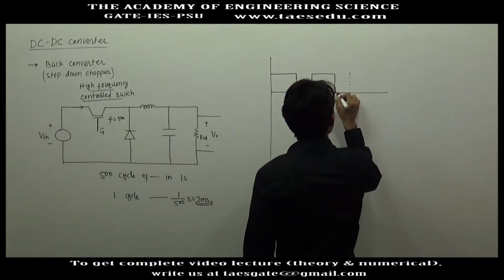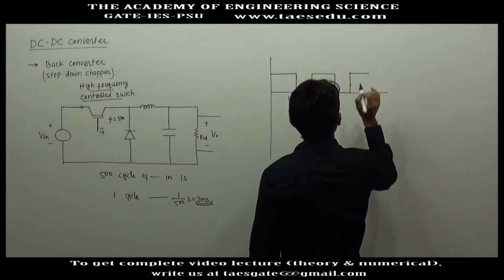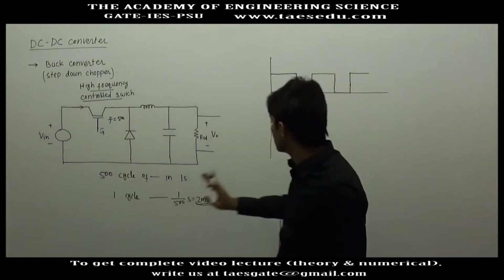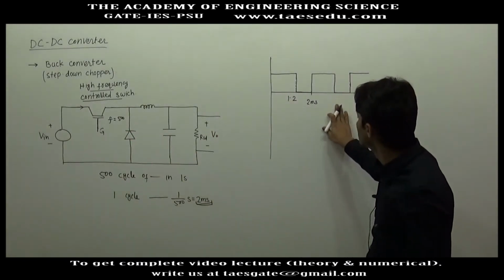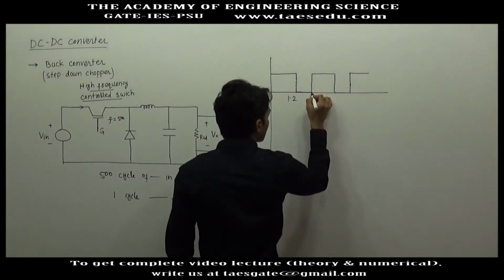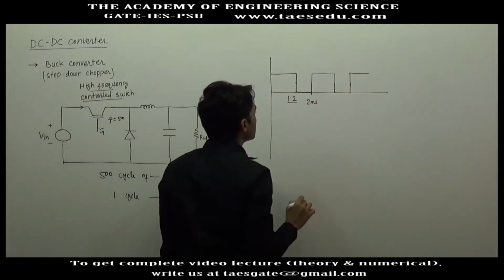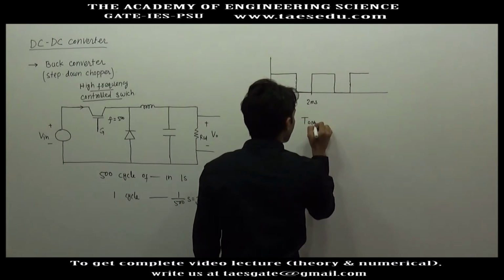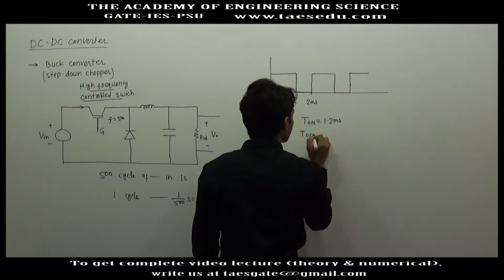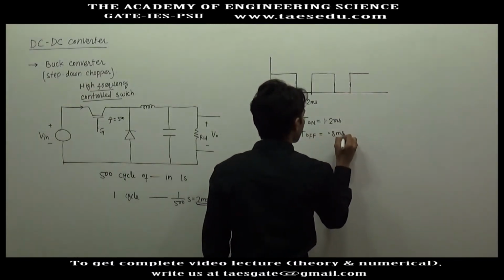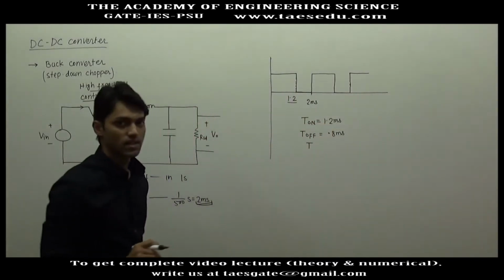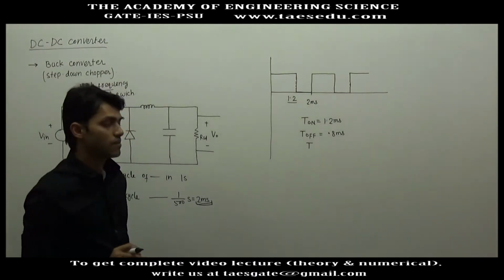So here I have completed 2 cycles. Similarly the third cycle will start, and with switching frequency of 500 hertz, it will complete 500 such cycles in 1 second. Turn on time is 1.2 millisecond and turn off time is 0.8 millisecond. The total of turn on plus turn off is the duration of the switching cycle, or switching time period.